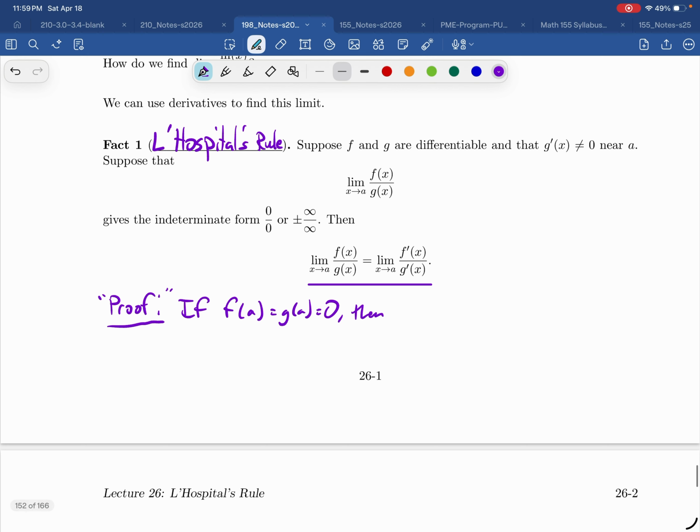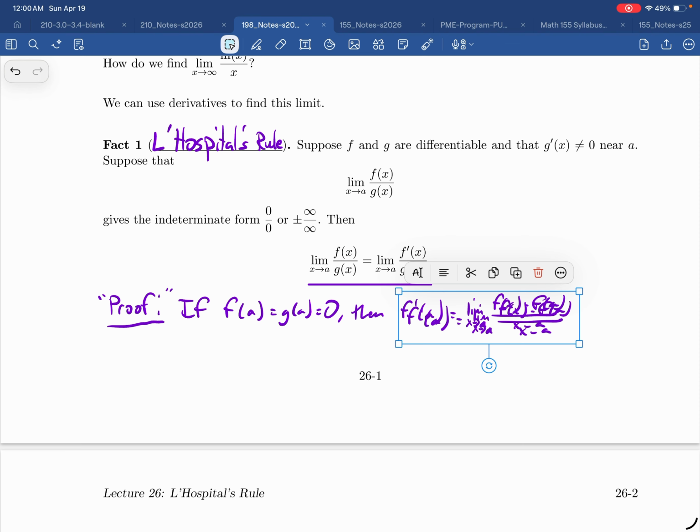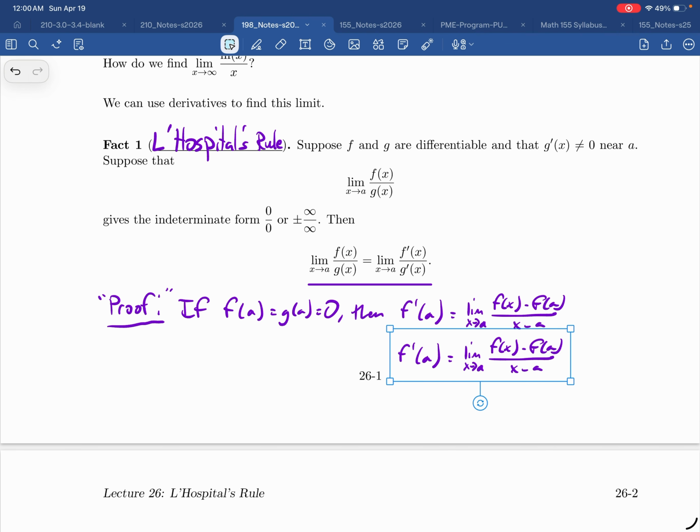Remember the point definition of the derivative? We have that f prime of a equals the limit as x approaches a of f of x minus f of a all over x minus a. And of course, the analogous thing is true for g prime of a.